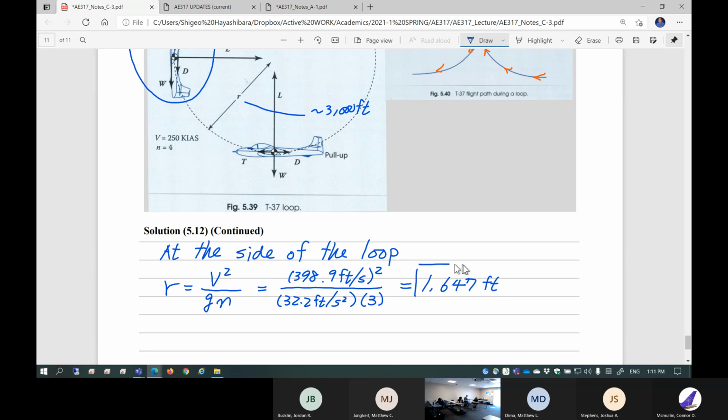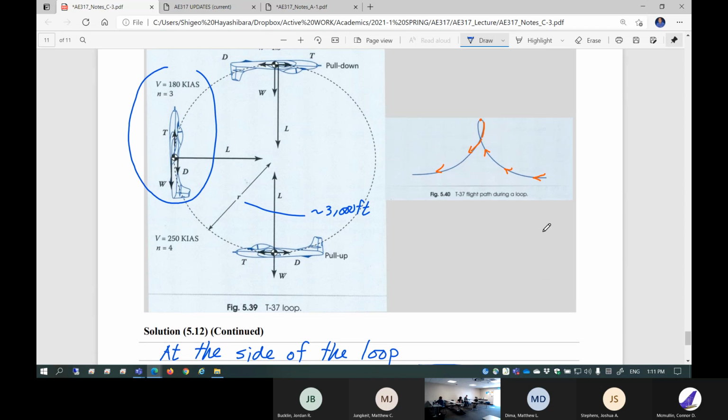So this is the radius now. It's shortened up. This radius is now about 1,600 feet. Smaller radius. So you fly up, and then the radius is really small. Then you reach the top, okay?